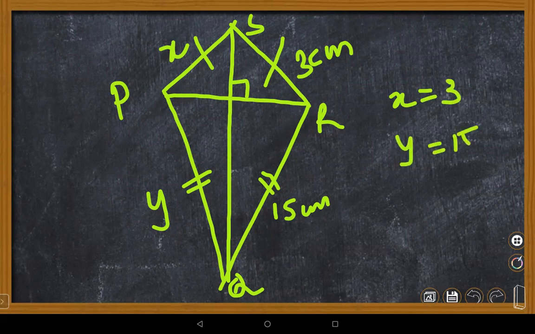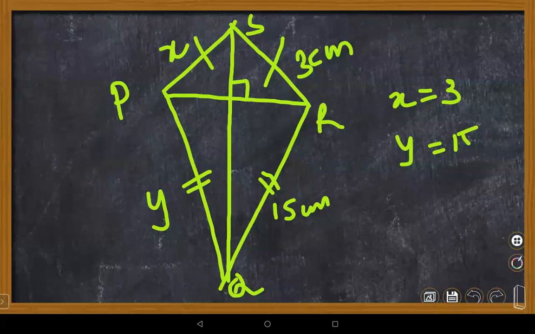Or if anything is given, like suppose angles in a kite, children, how are we supposed to take the angles in the kite? Ma'am, diagonals bisect each other at 90 degrees. That is fine, we already did that in the diagram. Yeah, diagonals are bisecting at angle 90.